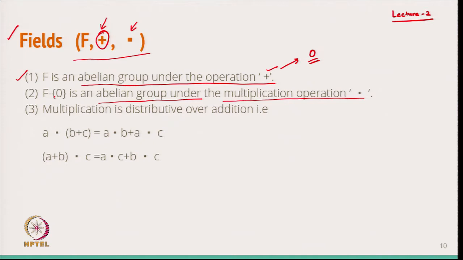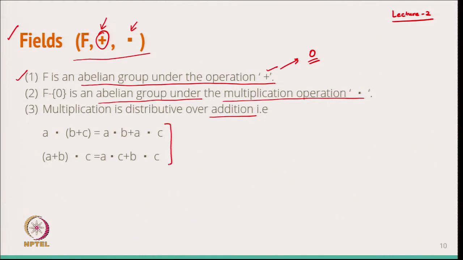The third one is that multiplication is distributive over addition. So a dot (b plus c) can be written as a dot b plus a dot c, or (a plus b) dot c is equal to a dot c plus b dot c.